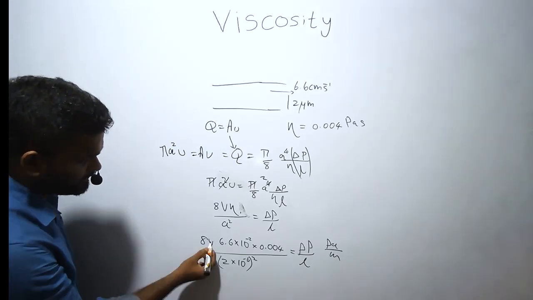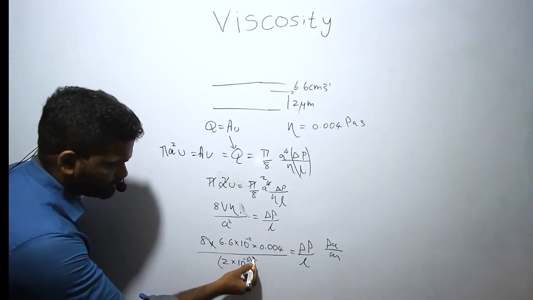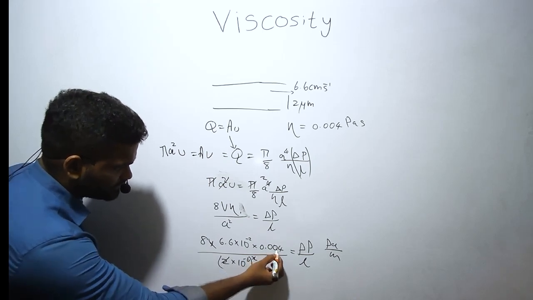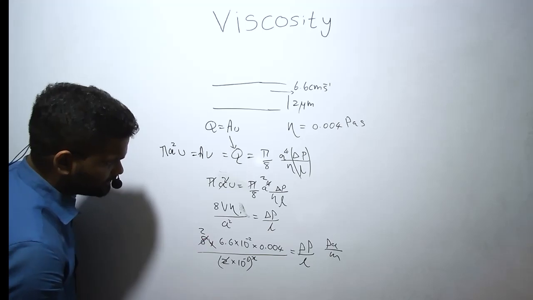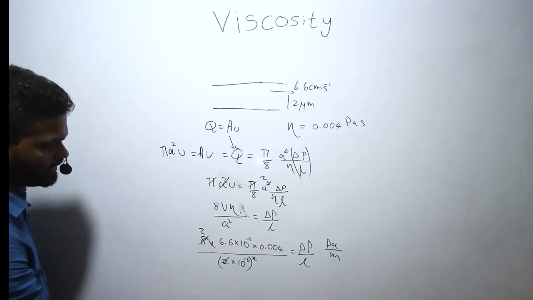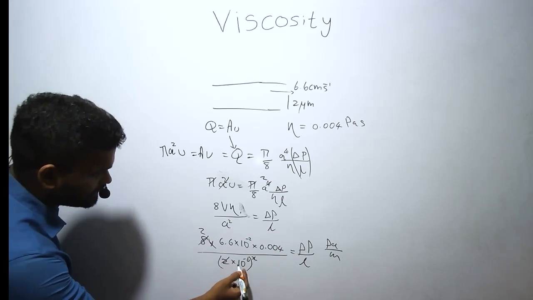Okay, let's see. 2 to the power of 2 meaning 4, right? So I'll just cancel this one, 2. Here you get, no, we'll keep that.